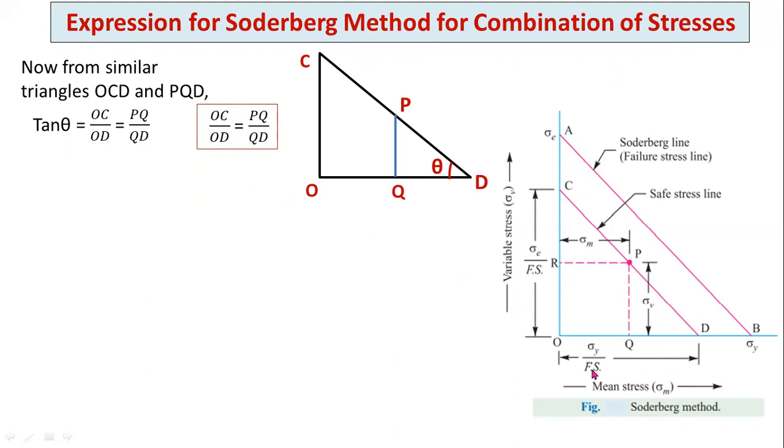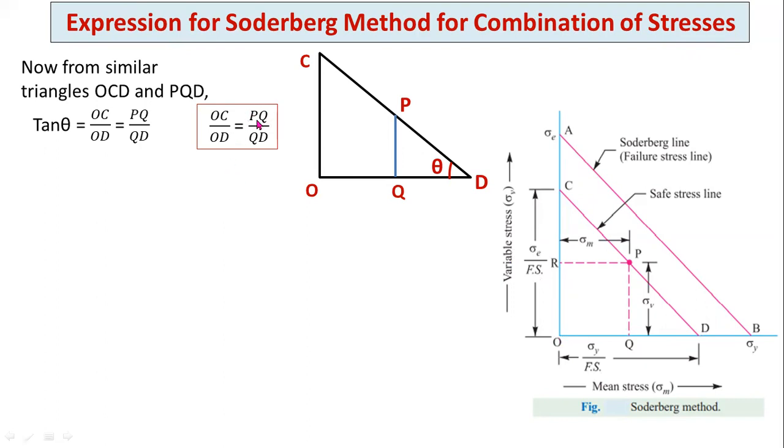The value of OC equals the safe endurance limit, that is sigma E by Fs, and OD equals the safe yield stress, sigma Y by Fs.